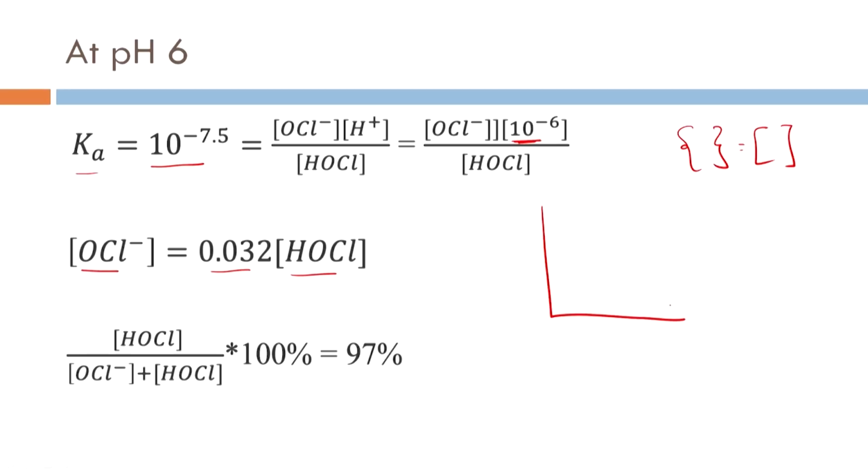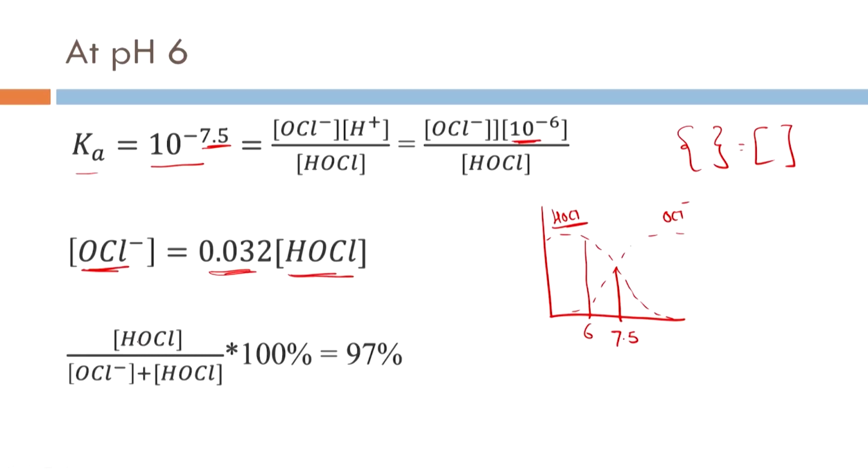Or you know your pH pKa graph: if pKa is 7.5 and your pH is 6, what will most of it be present as? It will be present as the protonated form, and the deprotonated form will be relatively less, and that is what you see here. The deprotonated form is pretty low compared to the protonated form.